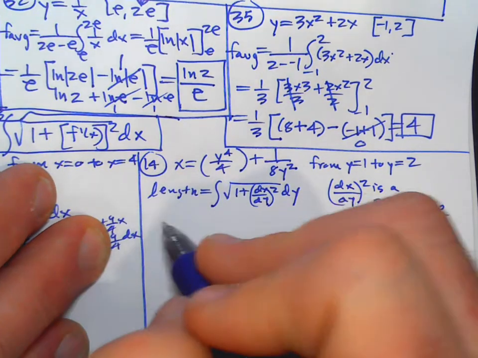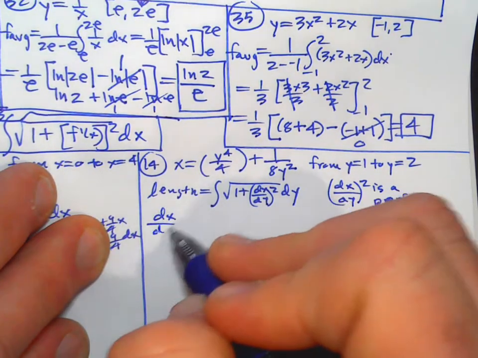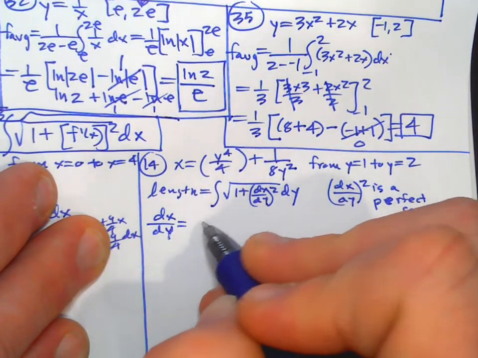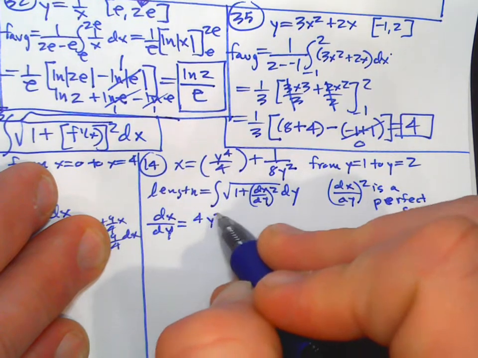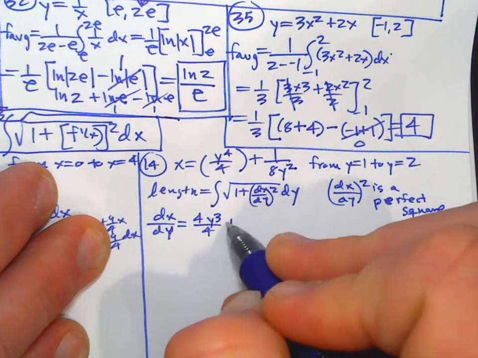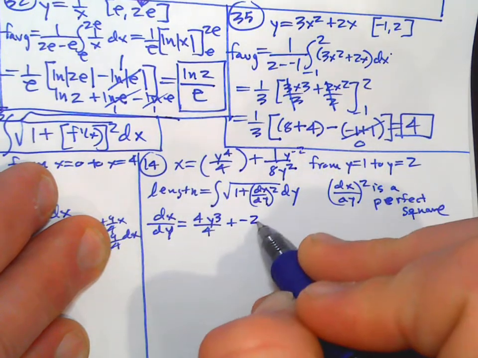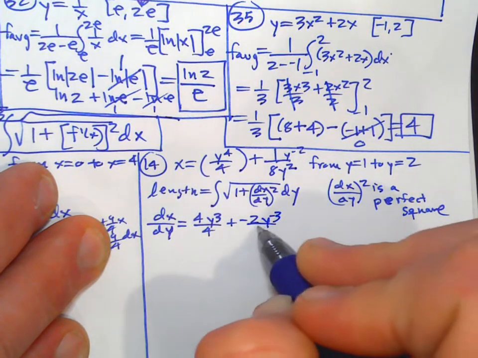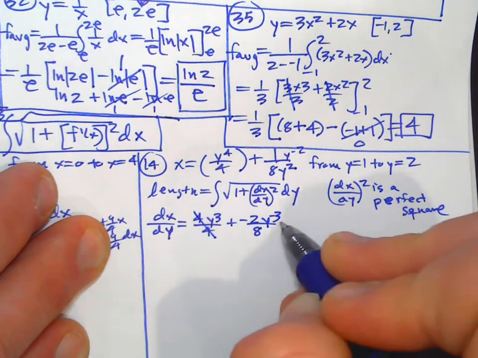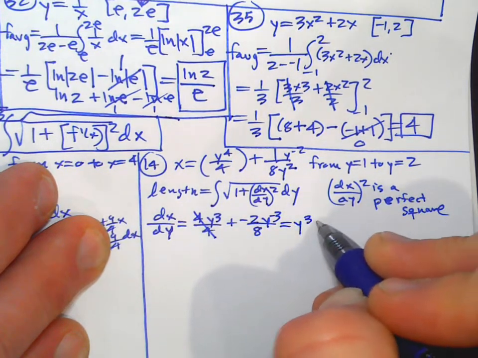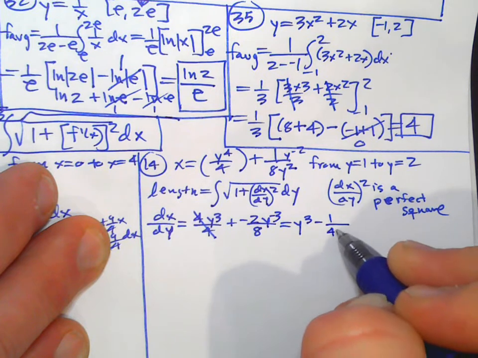Well, let's find dx/dy. It's going to be 4y cubed over 4 plus, this is the same thing as y to the negative 2 on the bottom, so it's going to be negative 2 y to the negative 3 over 8, which is y cubed minus 1 over 4y cubed.